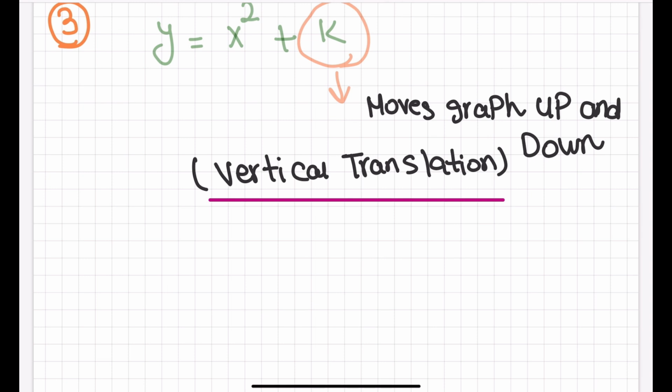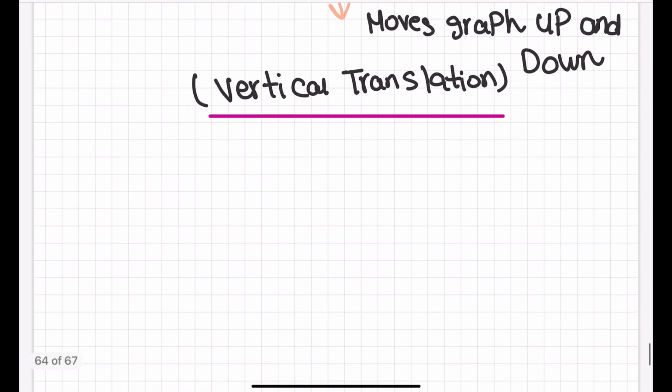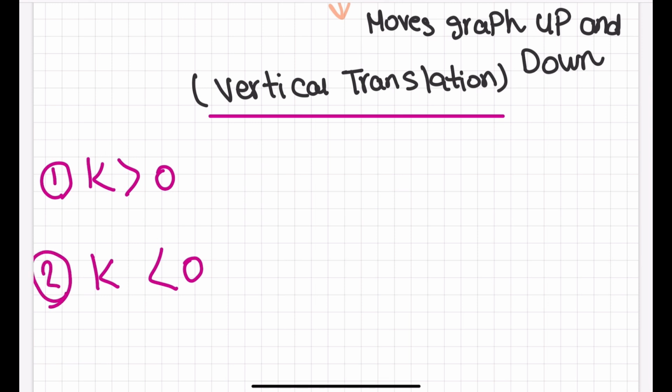And same as a, in the k scenario it matters if your k is greater than 0 or less than 0. So these are two scenarios for k. If your k is greater than 0, your graph moves up.